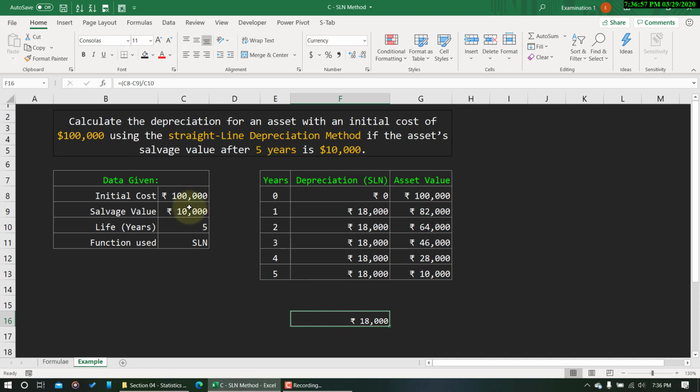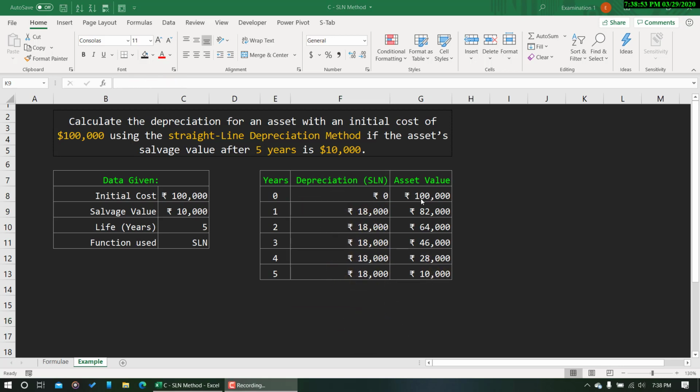The total value that your asset has lost over these 5 years is how much? 100,000 minus 10,000, which is 90,000. And if your asset has lost 90,000 in value in 5 years, that simply means for each year the value lost by the asset is 90,000 divided by 5, which is exactly equal to 18,000. That is exactly what we are getting here.